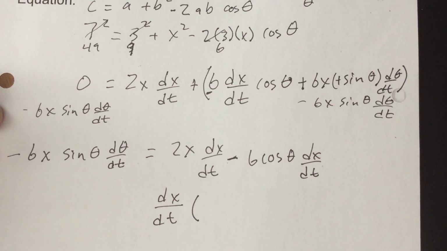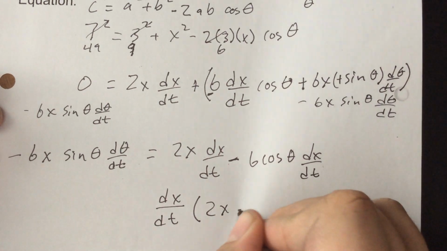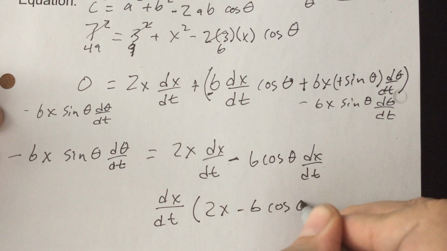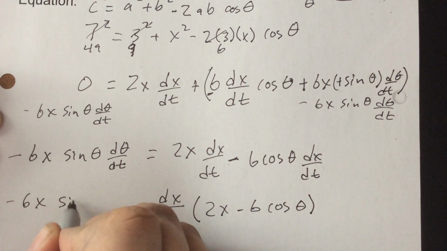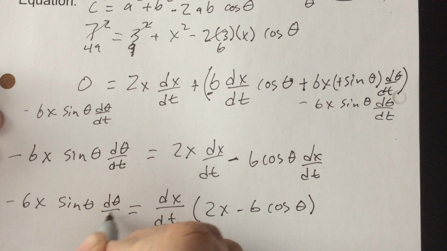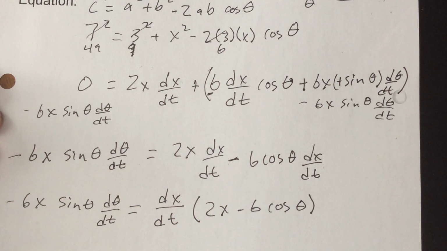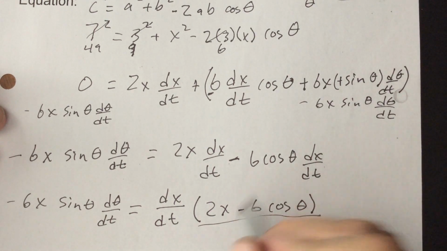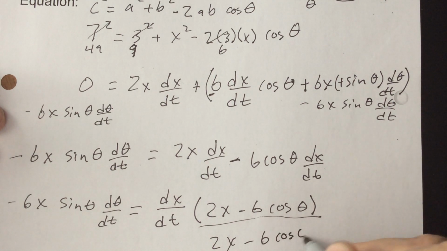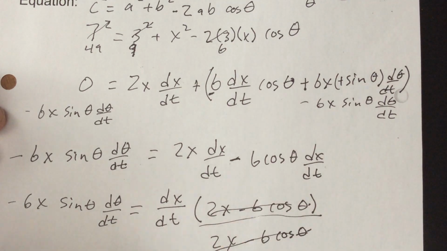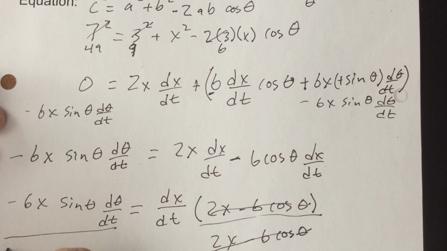What would be left is your 2x minus 6 cosine theta, which over here is equal to negative 6x sine theta d theta over dt. Then we'll divide to get our dx dt by itself, so 2x minus 6 cosine theta. And what we do to one side, we do to the other side.